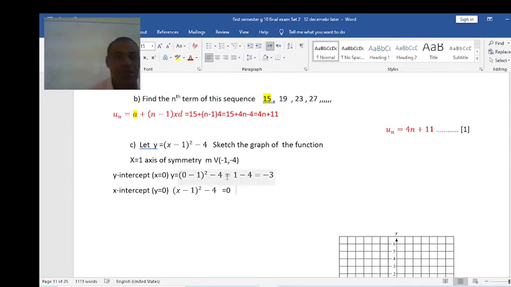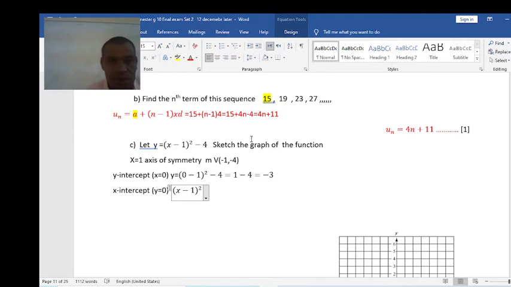I will use symbols if it is possible. Minus 4 equals 0. Okay, I want to first use symbols.